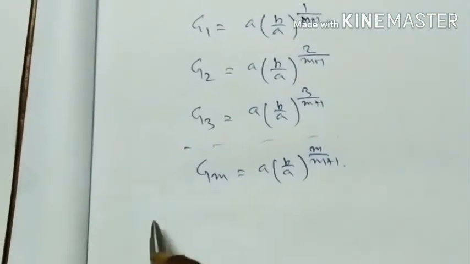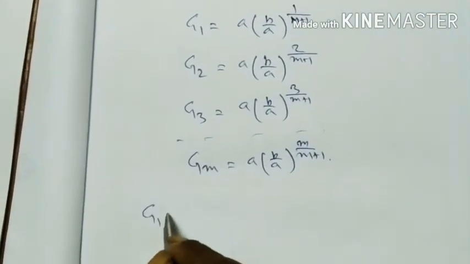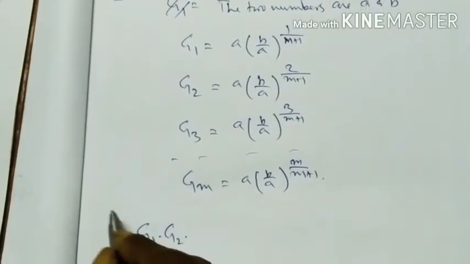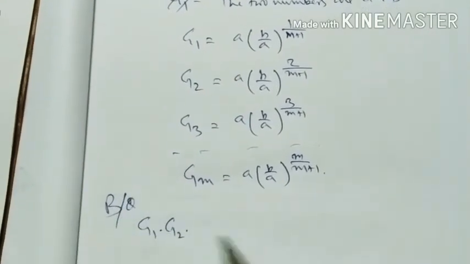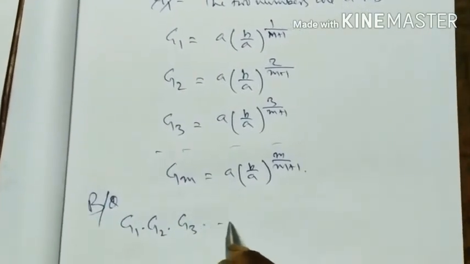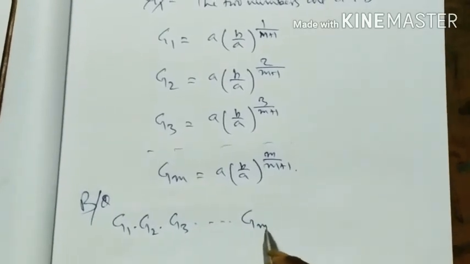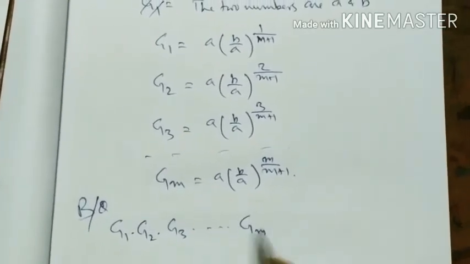Now, in the question, it is given the product of m geometric means. That means G1 dot G2 dot G3 dot Gm, product of m geometric means.